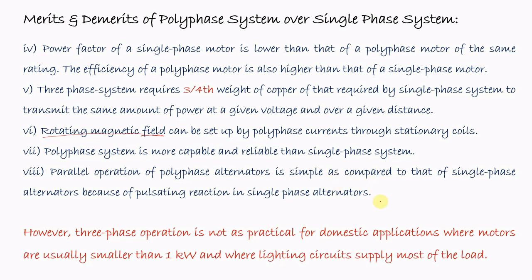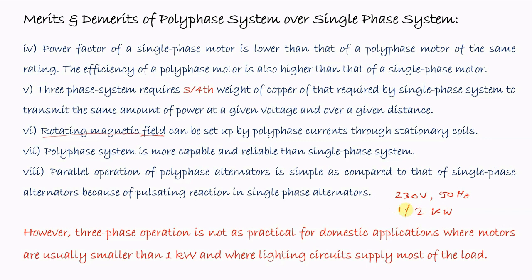As we have seen, for domestic application the voltage is 230 volt and 50 hertz. In our household applications, different types of motors are used in different appliances, and the rating of the motor is only 1 or 2 kilowatt.